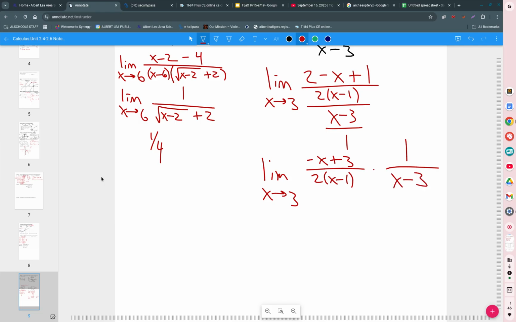Are negative x plus 3 and x minus 3 the same things? No, but if you factor out negative 1, then are they the same things? So I will go ahead and factor out the negative and then reduce them. So we have the limit as x goes to 3 of negative 1 over 2 times x minus 1. At this point, I'm able to plug in the 3. 3 minus 1 is 2, times 2 is 4. I get a negative 1/4.